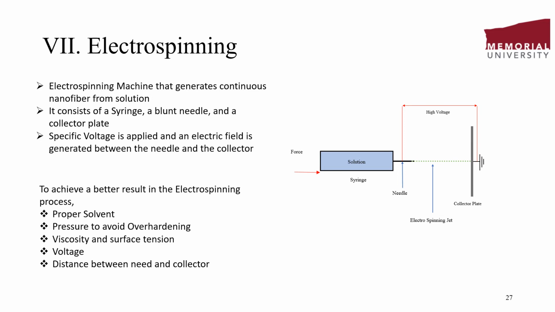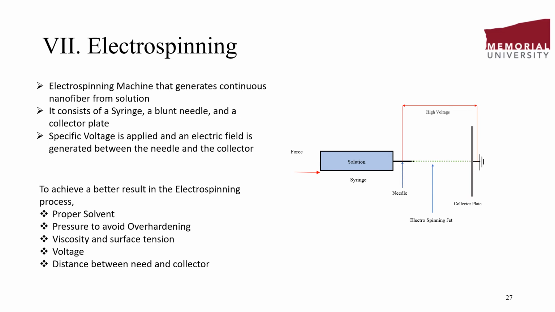Electrospun nanofibers are materials that have high porosity, spatial interconnectivity, flexibility, tensile strength, and high surface to volume ratios. They excel in energy harvesting, energy conversion, and energy storage applications. To achieve a better result of electrospinning, the solvent should be selected in a way that the materials are dissolved.